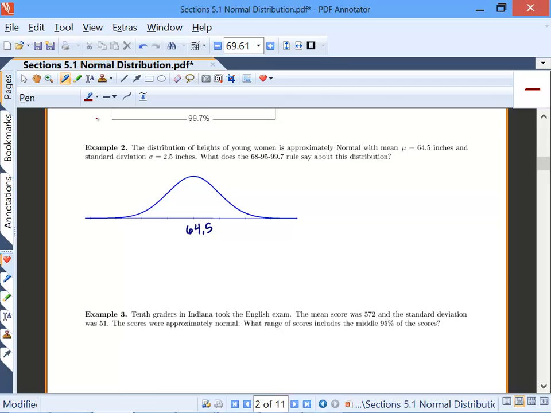Now, if I want to go out 1 standard deviation, what will my numbers be? So 64.5 plus or minus 1 standard deviation is going to go from 62 to 67, right?